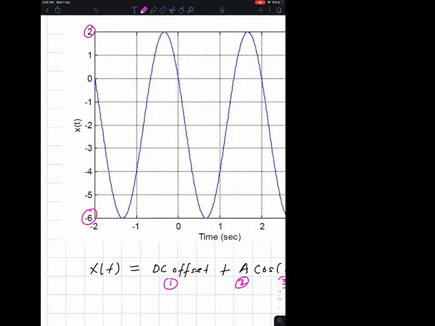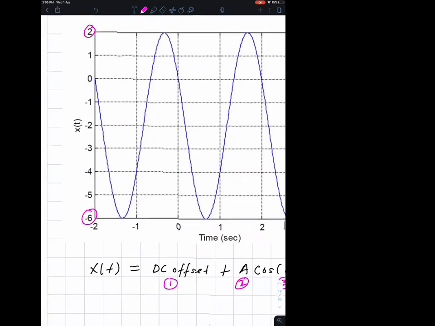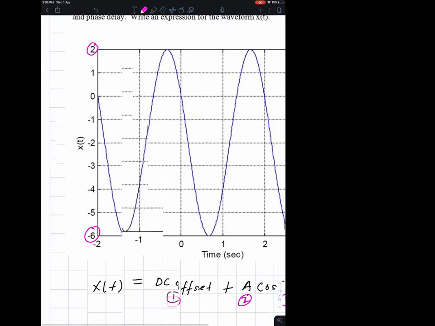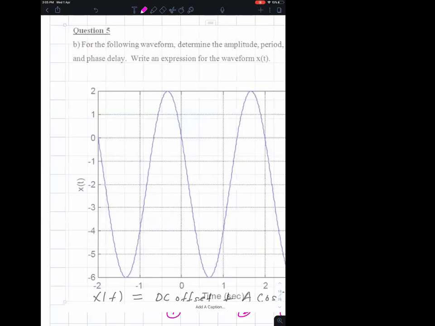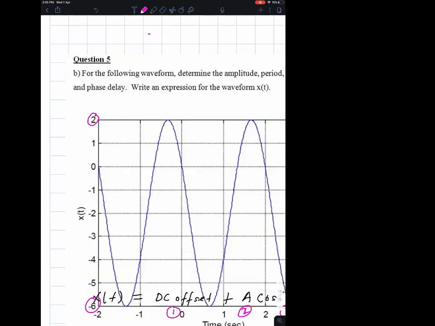What is my DC offset? Since I know 0 to peak is 4, but here the 0 to peak is only 2, how to make this 4?